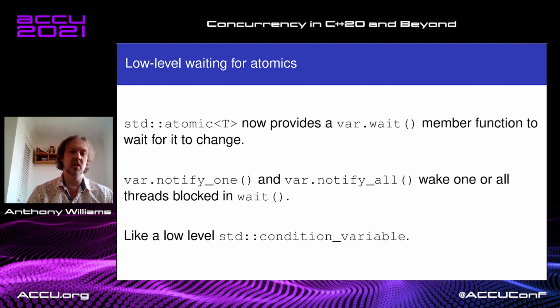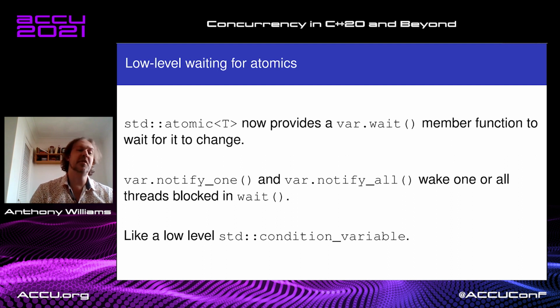So if you call wait, you might not wake up until somebody calls a notify function. So you might get spurious wakes, just the same as you do with condition variables. So you need to check the state of the world when you wake up. Is it what I'm expecting? Is it what I'm waiting for? If it's not, then you can loop round and go back to sleep.